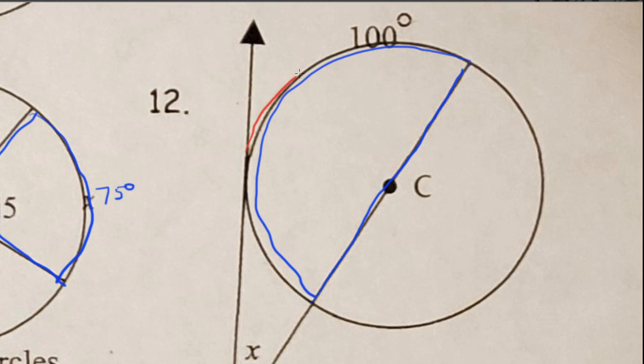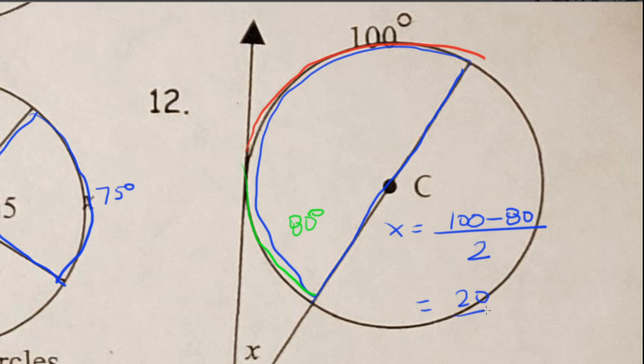If the part in red is 100, the part in green has to be 80. So X is going to be half of 100 minus 80, and that's going to be 20 over 2, which is 10 degrees. And that's our final answer.